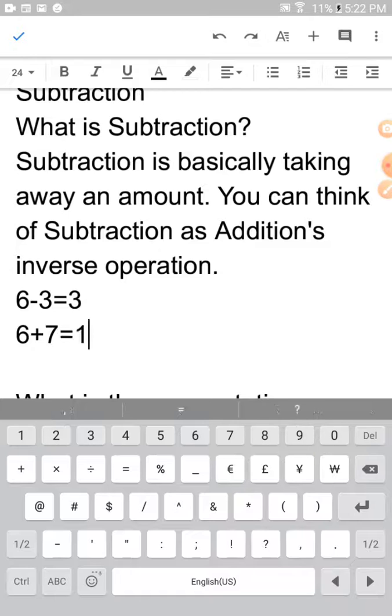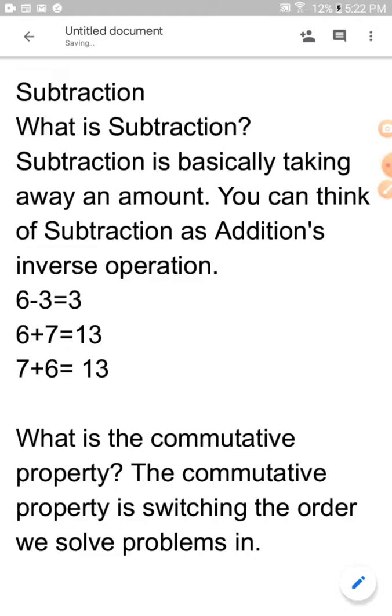We could also do 7 plus 6. But subtraction is different. If we want to subtract 10 from 13, we'd have to do 13 minus 10. And it is not the same as 10 minus 13.